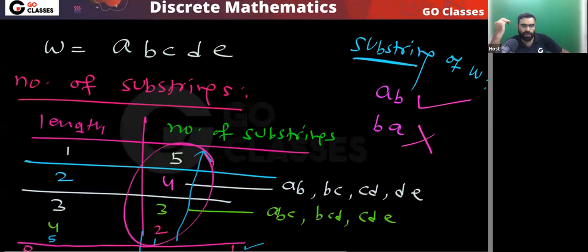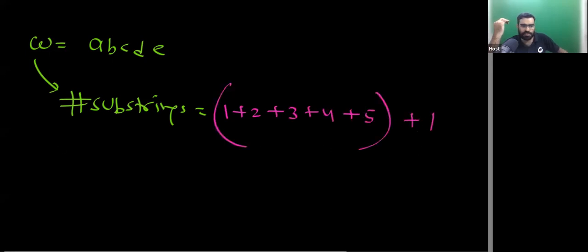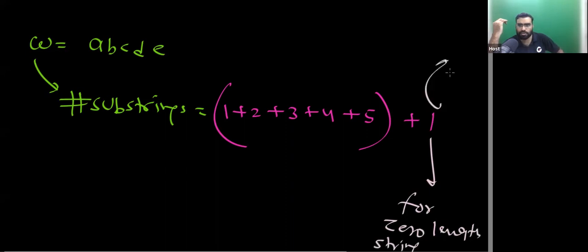You need to add 1 to 5, very simple, and this one is for the empty string, the zero length string. There is only one zero length string. So you add all of them and add one for the zero length string.